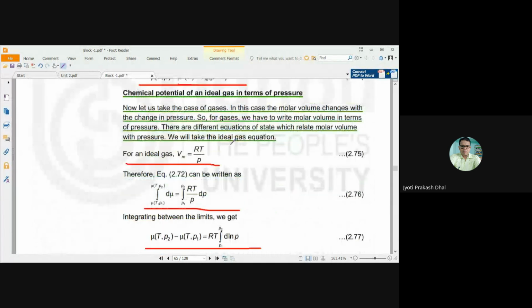Then the chemical potential of an ideal gas in terms of pressure. Now let us take the case of gases, ideal gas. In this case, the molar volume changes with change in pressure. So for gases, we have to write the molar volume in terms of pressure.